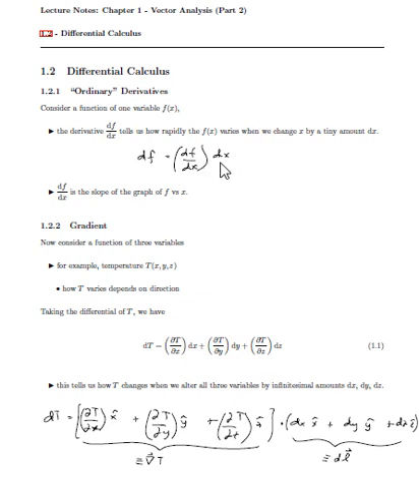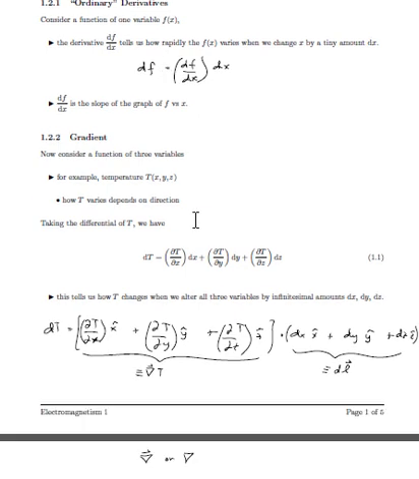So how to derive and what's the physical phenomena of the derivative. Okay, so df over dx is the slope of the graph of f versus x. So you can interpret df over dx as the slope of a certain function f with respect to x.